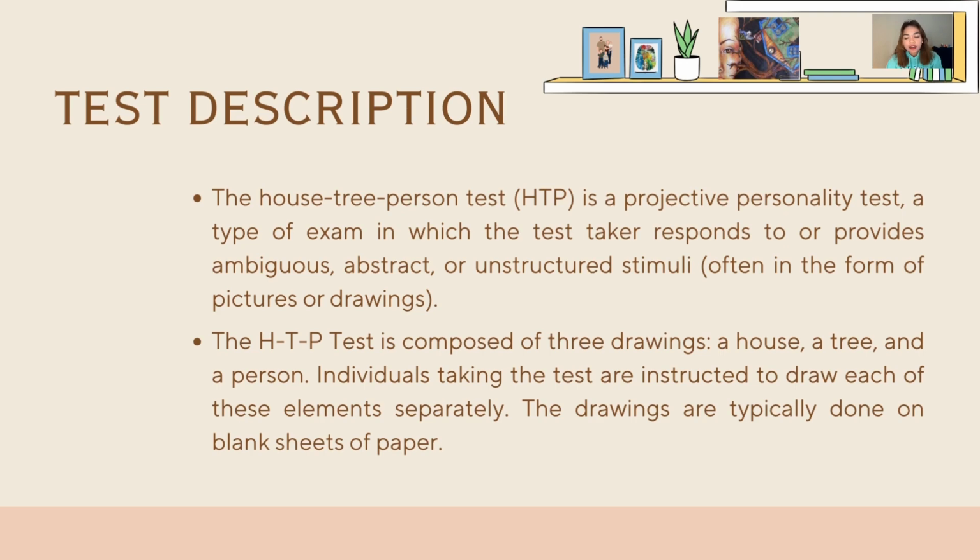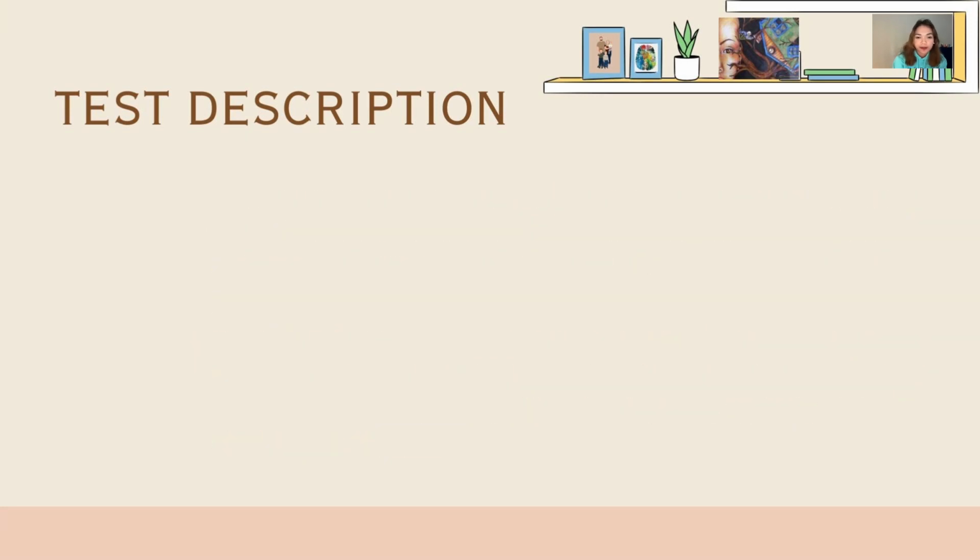Individuals taking the test are instructed to draw each of these elements separately, and the drawings are typically done on a blank sheet of paper. The test is intended to measure different aspects of personality, and the interpretation of these drawings is used to create a picture of the person's cognitive, emotional, and social functioning.